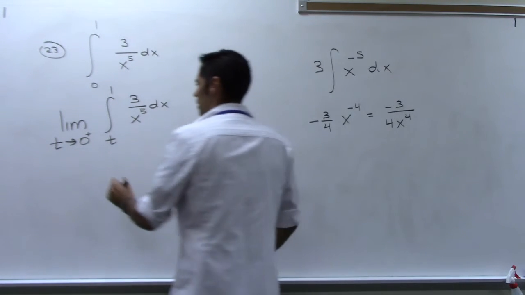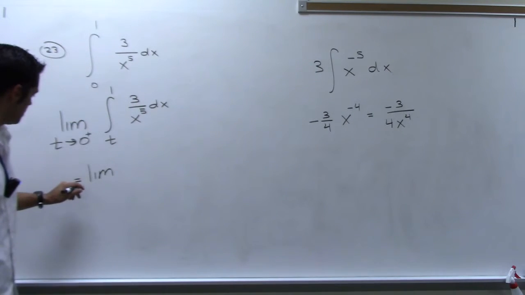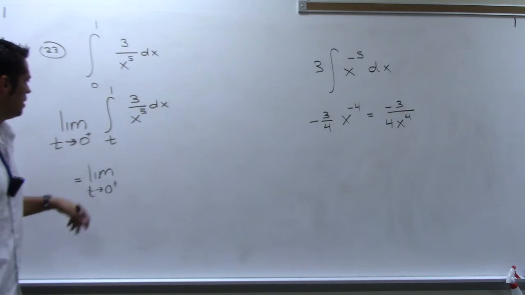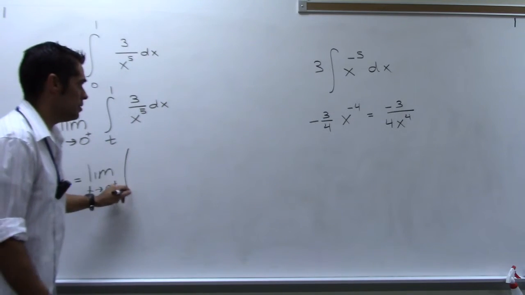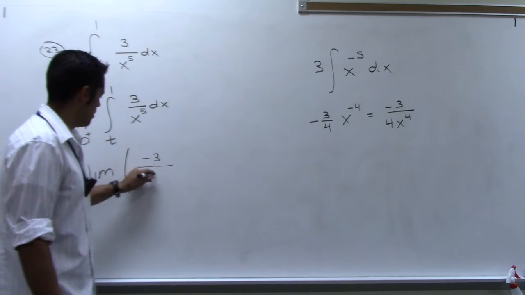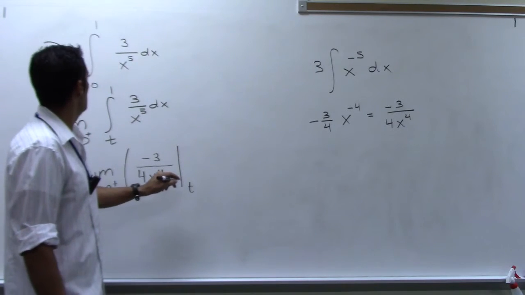So this becomes limit, let's see, limit t goes to 0 from the right of the antiderivative, which is -3 over 4x to the 4th, evaluated t to 1.